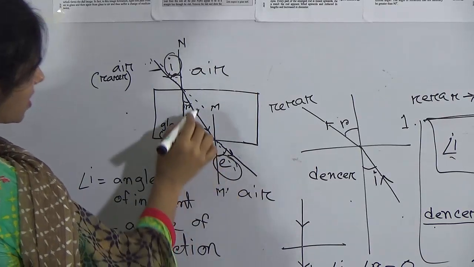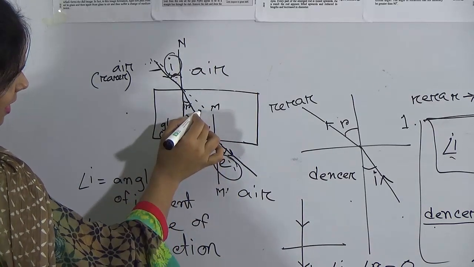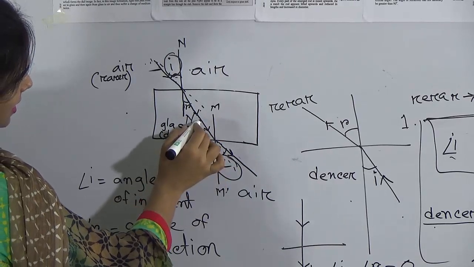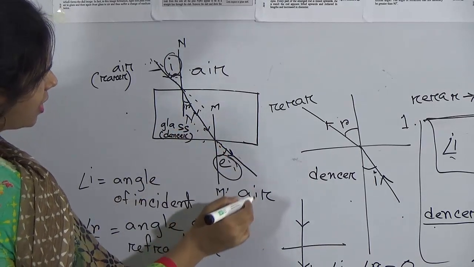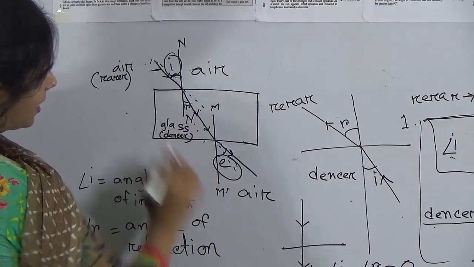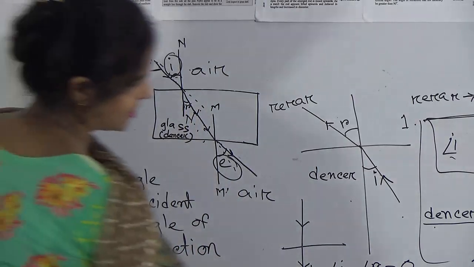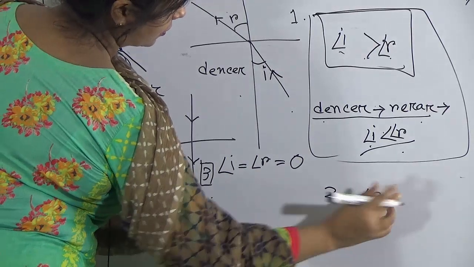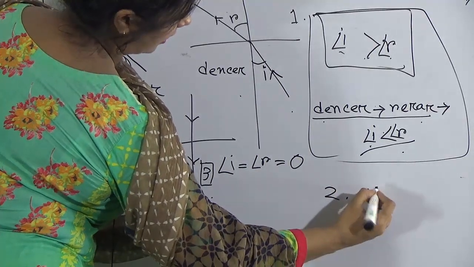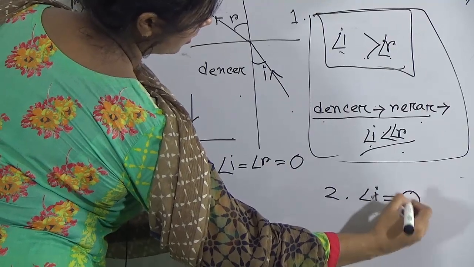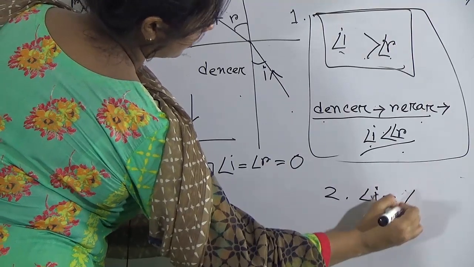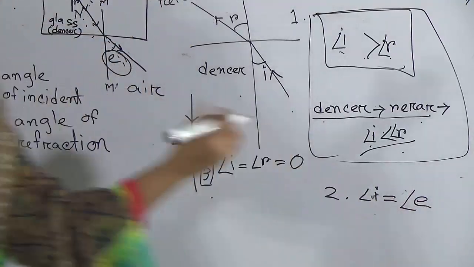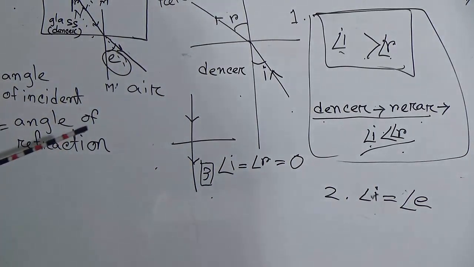Here the light enters from air to glass, and here the light enters from glass to air. That's why, this is the second law, the angle of incidence will be equal to the angle of emergence. That is written in your book, page number 116.